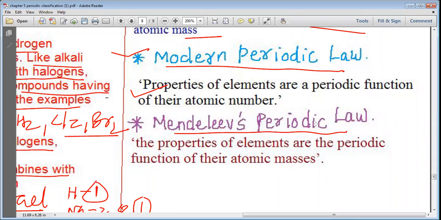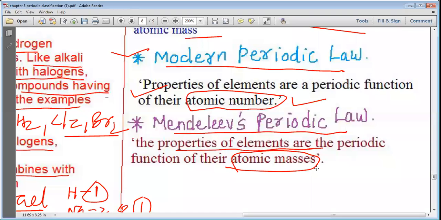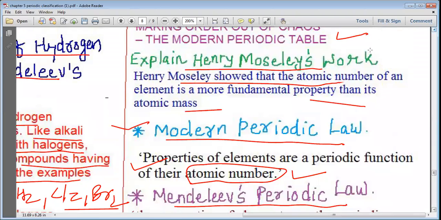Mendeleev's periodic law said that properties of elements are the periodic function of their atomic masses. There is only one change: in the modern periodic law we have the words atomic number, but in Mendeleev's law, atomic masses. This is due to Moseley's work, which showed that atomic number is a more fundamental property than atomic mass.